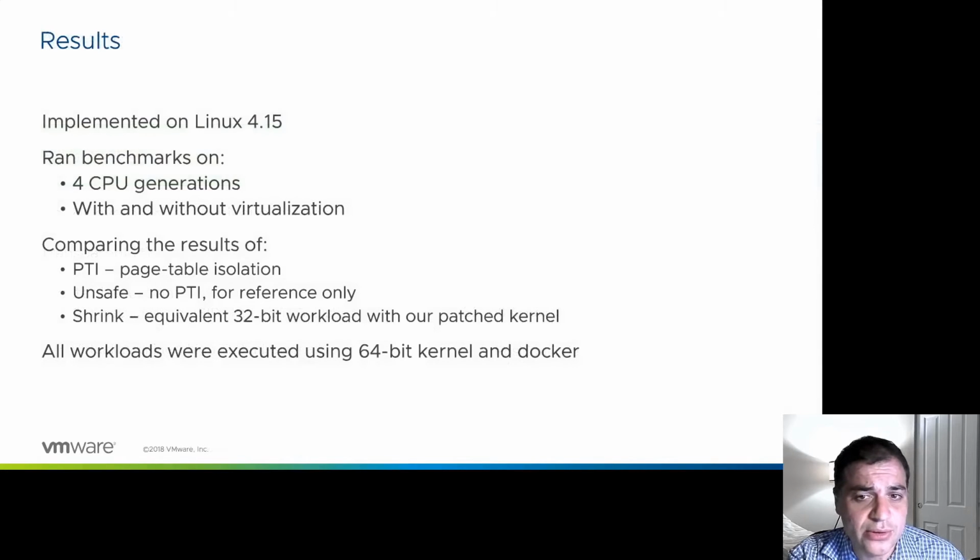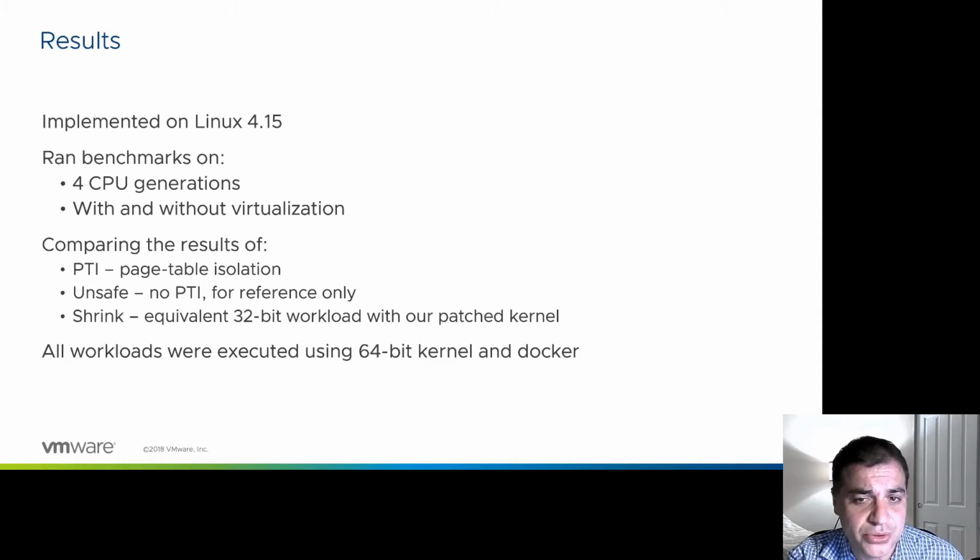So let's have a look at the results. We implemented our solution on Linux 4.15 and ran benchmarks on 4 CPU generations, with and without virtualization. We compared 3 setups: PTI, using page table isolation; unsafe, which runs without PTI, and we only use it as a reference for optimum, or what we had before Meltdown.